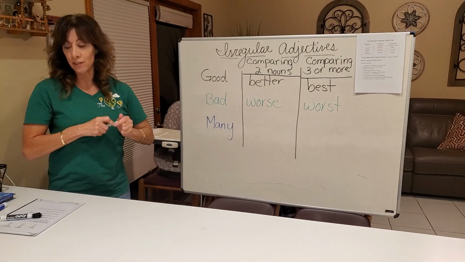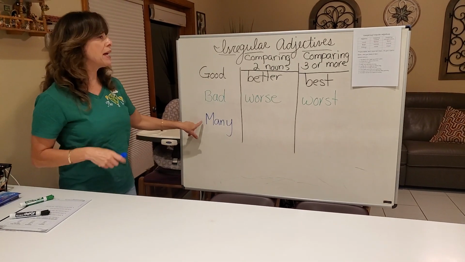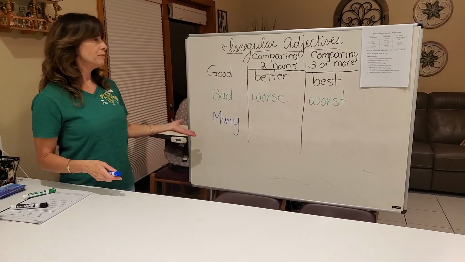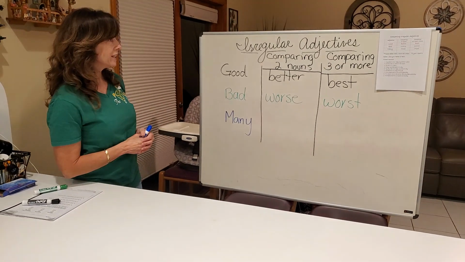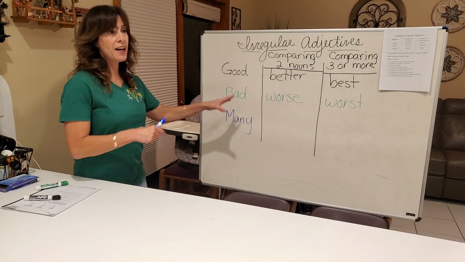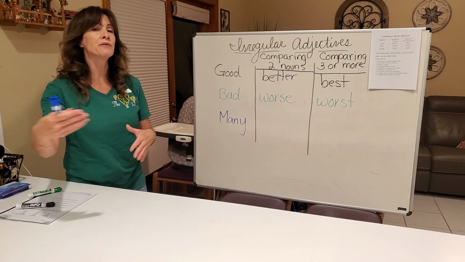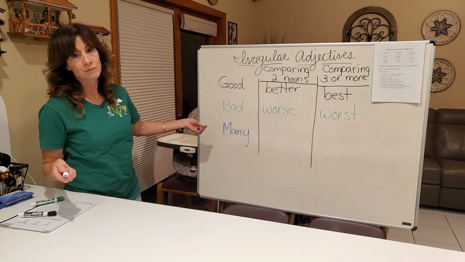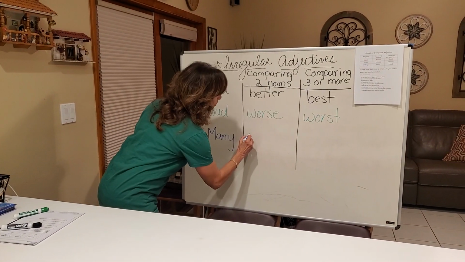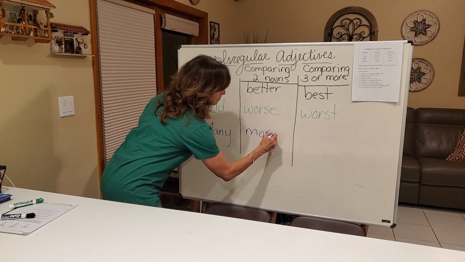And the next irregular adjective we're going to look at is many. I have many popsicles. But if you want to say I have blank popsicles than my friend, you wouldn't say I have many popsicles than my friend. You would say I have more popsicles than my friend.